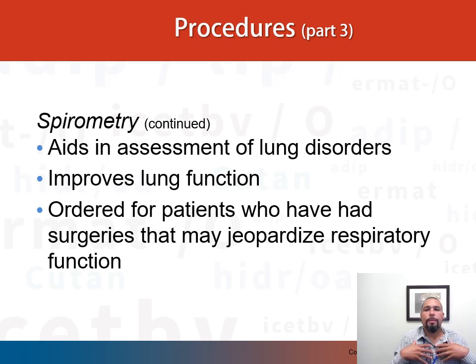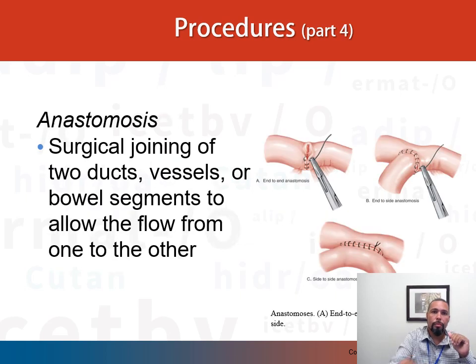Remember, the lungs are housed in this pulmonary cavity, and it is a vacuum sealed cavity, which means any type of exposure to the atmospheric pressure around can throw our ability to breathe properly off. So this procedure would help identify any issues that we would have encountered post-surgery or sometimes even pre-surgery.